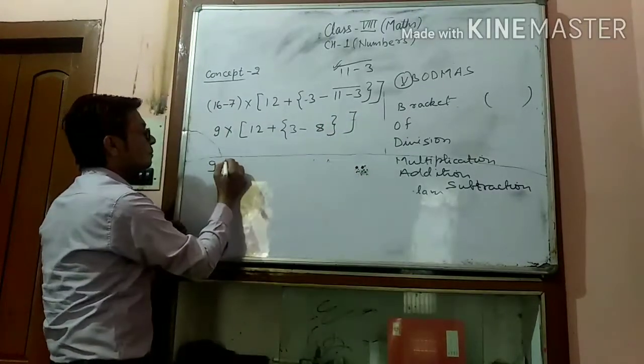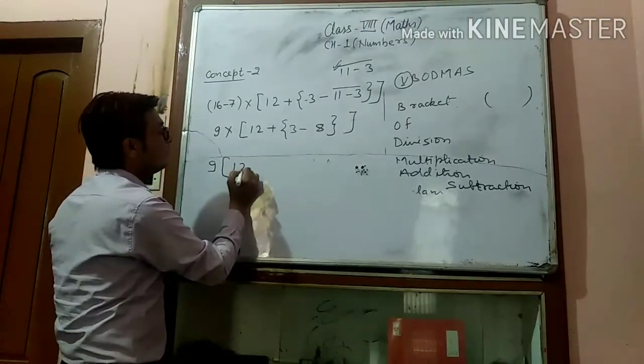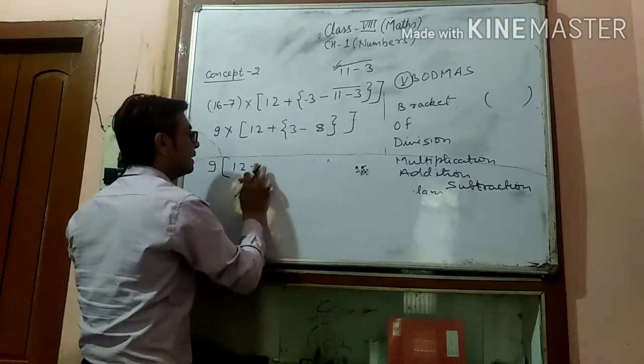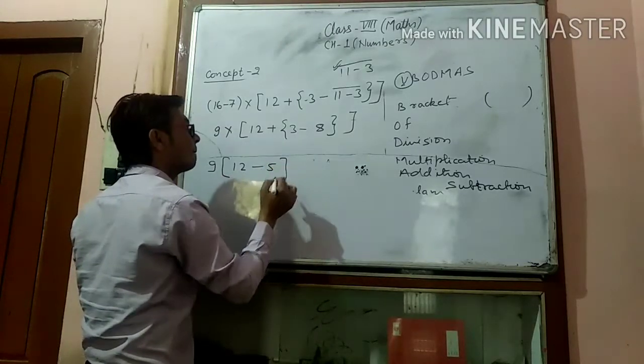After that, 12 plus 3 minus 8, that is minus 5. It becomes minus 5.